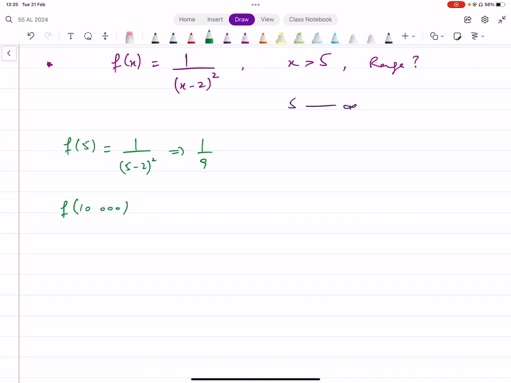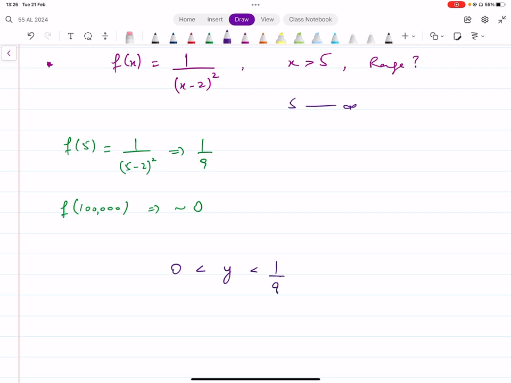Input this in the calculator and you'll get some value. What do we get? 10 raised to the power minus 20. So that's an extremely small number, right? So you can say this is almost equal to 0. It will be very close to 0. Okay? So what's your range then? You would say range is between 0 and 1 over 9.